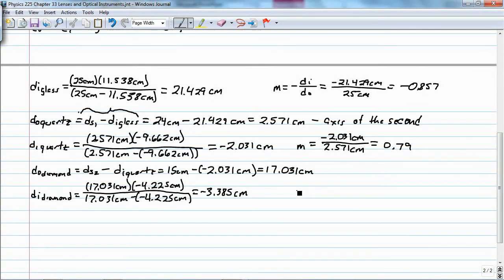Our magnification is equal to negative, well, I'm going to have a negative of a negative, that's a positive. So, I forgot to put the negative up here for this one.